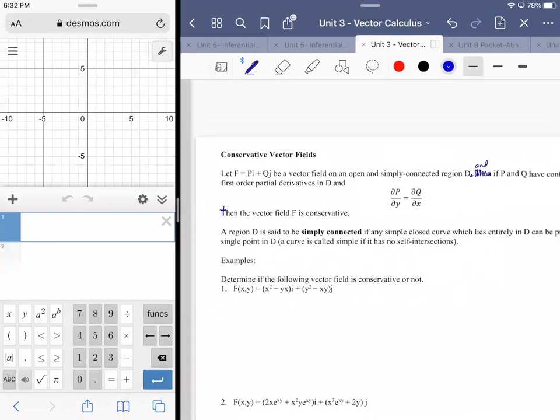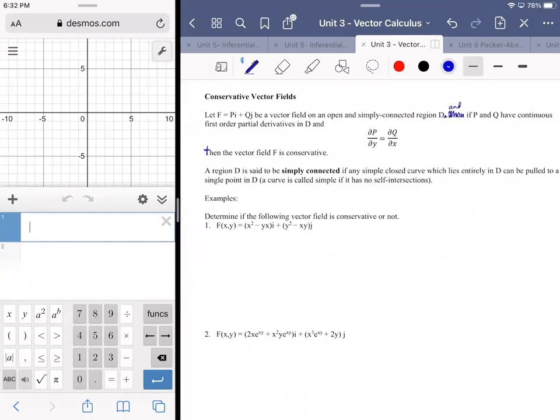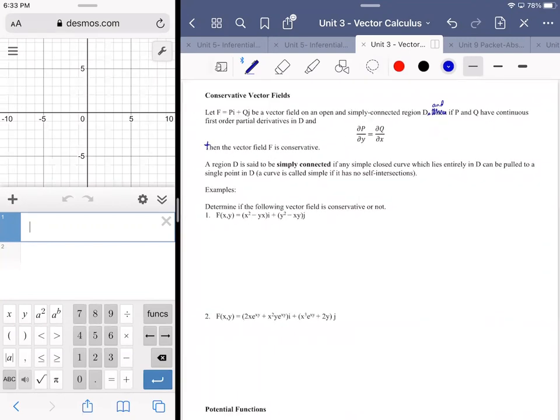So if you can show that the first order partials are equivalent to one another, then essentially you're determining that it's a conservative vector field. That's really just a working definition of a conservative vector field. It's just a vector field that follows this relation.